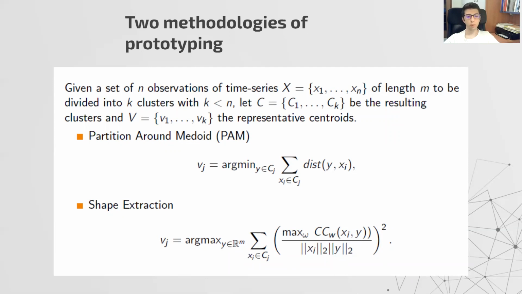So what I am doing is choosing the point of cluster Cj that is as near as possible to all the other points inside the Cj cluster. So this is basically the idea. It is chosen among the other elements inside the Cj cluster.